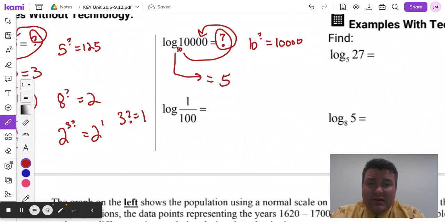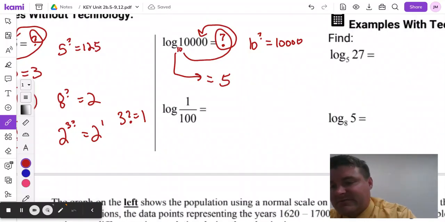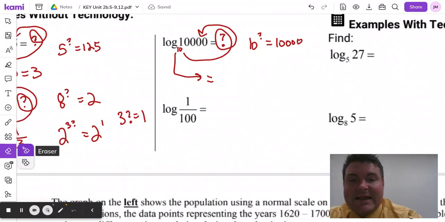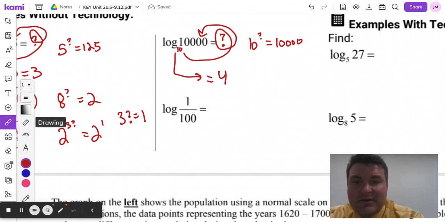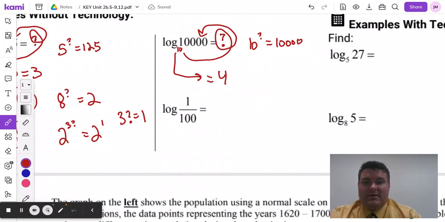Why am I drawing a blank? 10 squared is 100. 10 cubed is 1,000. Oh, I'm drawing a blank because it's 4. I can't count the zeros. This is 4.